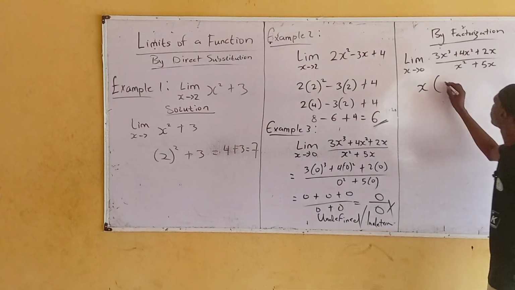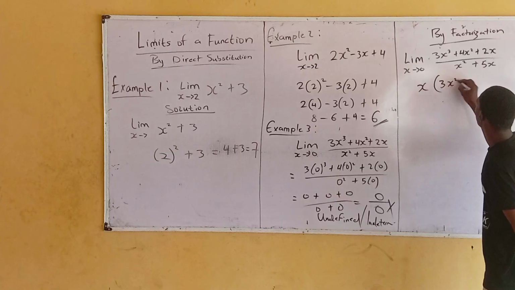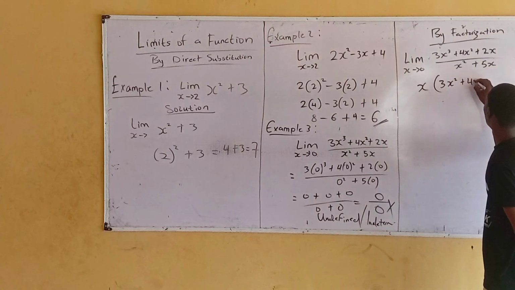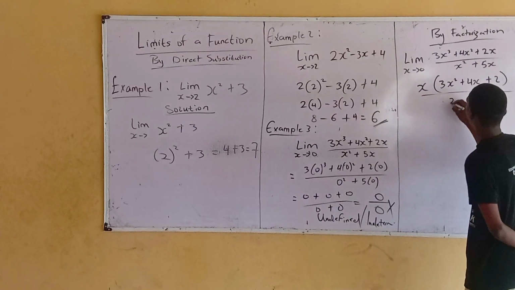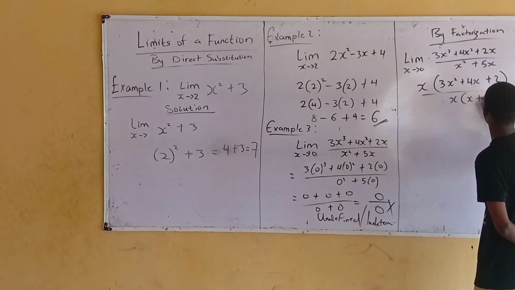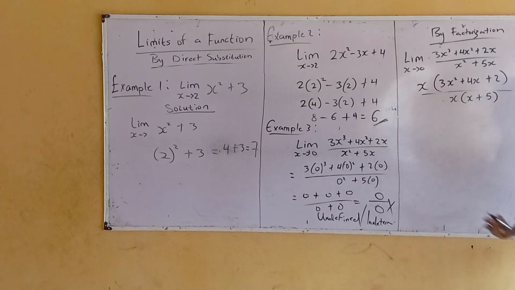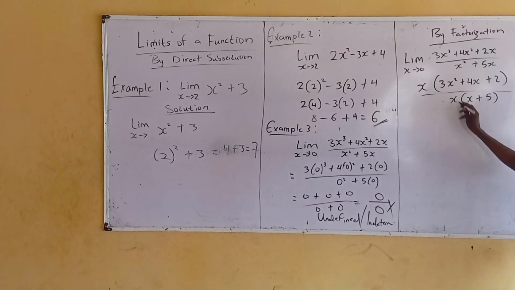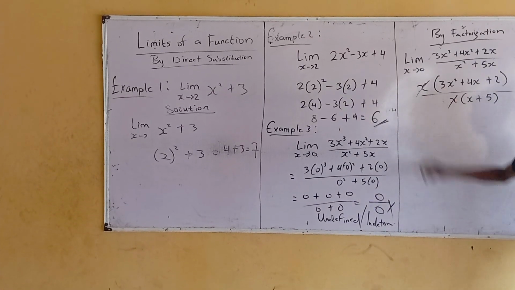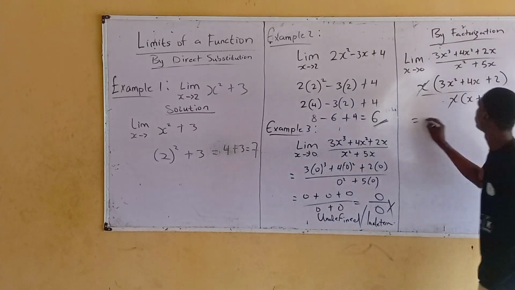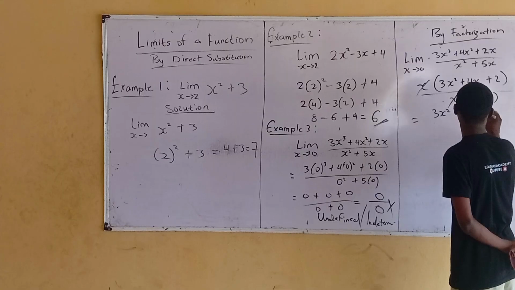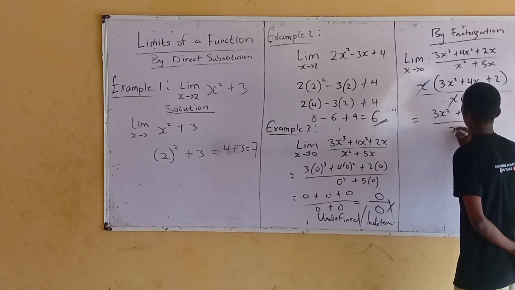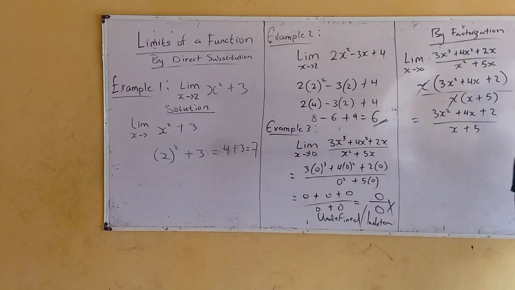We have x open bracket 3x squared plus 4x plus 2 over x plus 5. So x can cancel x. So we are left with 3x squared plus 4x plus 2 over x plus 5.